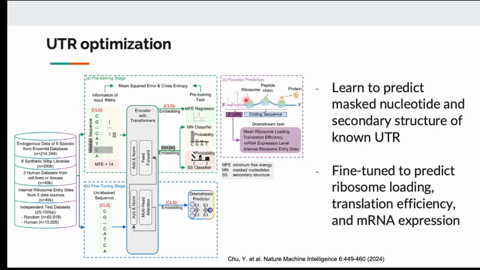People are using this, I think we mentioned this in the RNA lecture, to optimize the mRNA vaccine. When we inject the vaccine in our body, we want the vaccine to be stable inside our cells, and we want the messenger RNA to be translated by our cells. So we want to optimize the UTR so that we can achieve that.